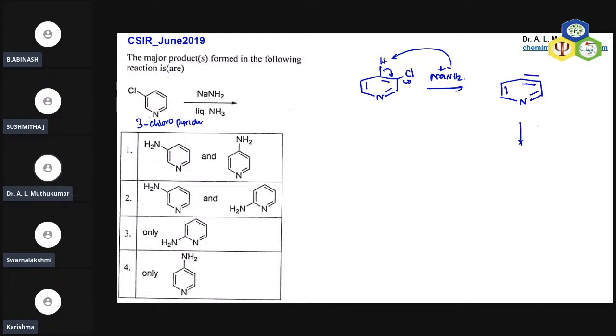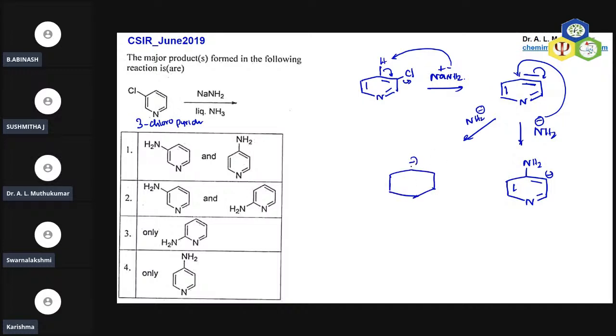In the second step, this NH2 minus is attacking the C4 position, then only the electron will be coming to the C3 position. So there is one possibility. What is the other possibility? When this NH2 minus is attacking at the C3 position, the electron will be coming to the C4 position.